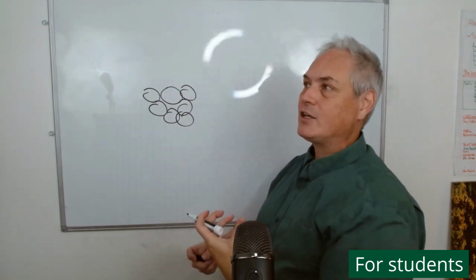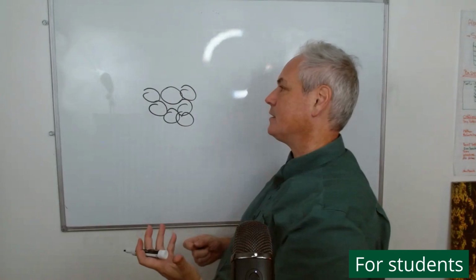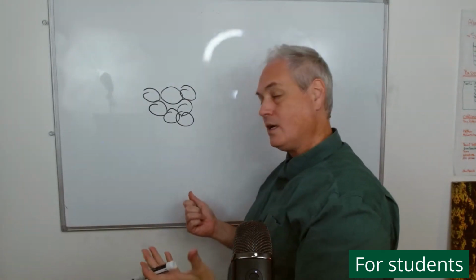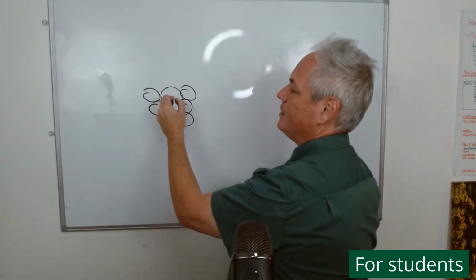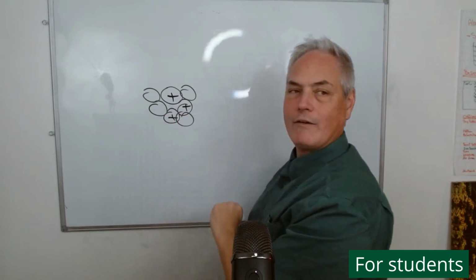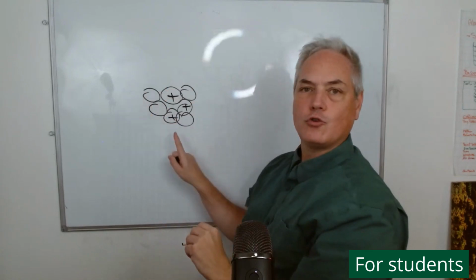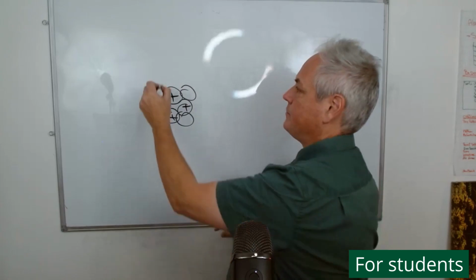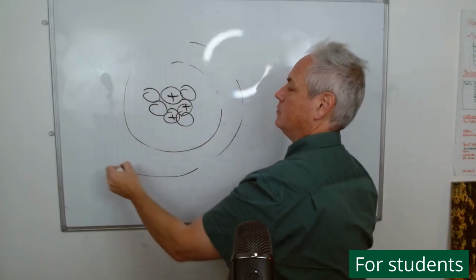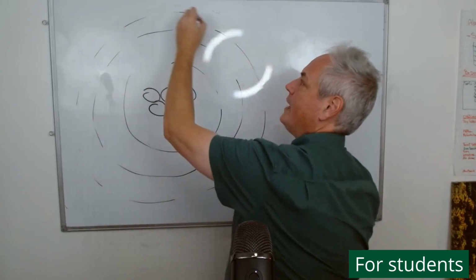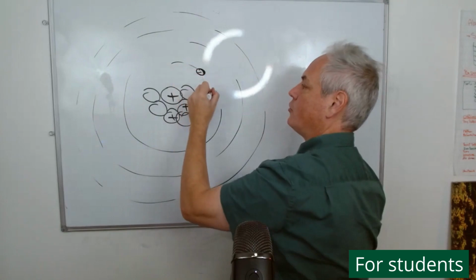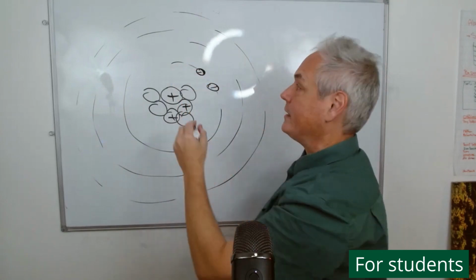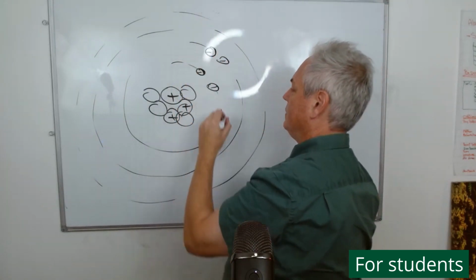Let's say I take an atom of zinc. In the nucleus, you have positive charges. You also have neutrons that have zero charge. And you also know that we have electrons that are negative, orbiting around these.